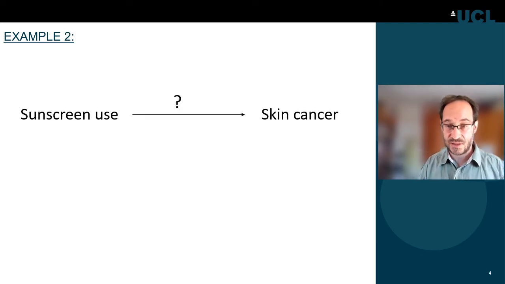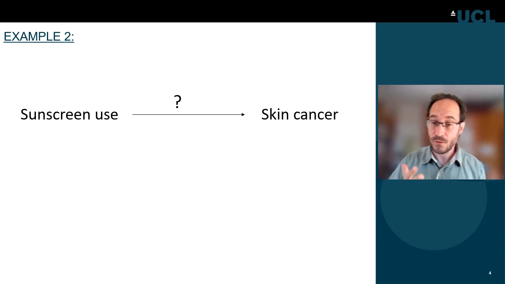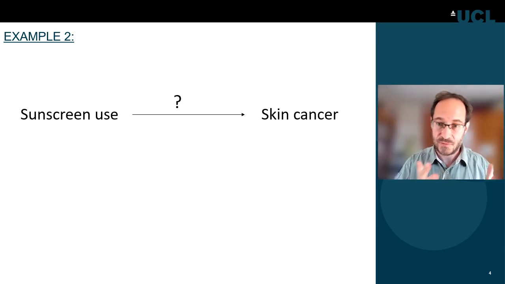This is my second example. Let's imagine, we don't need to imagine, there is an existing study that showed that people who regularly use sunscreen in the summer have significantly higher risk of developing skin cancer compared to those who do not use sunscreen. How can this be?